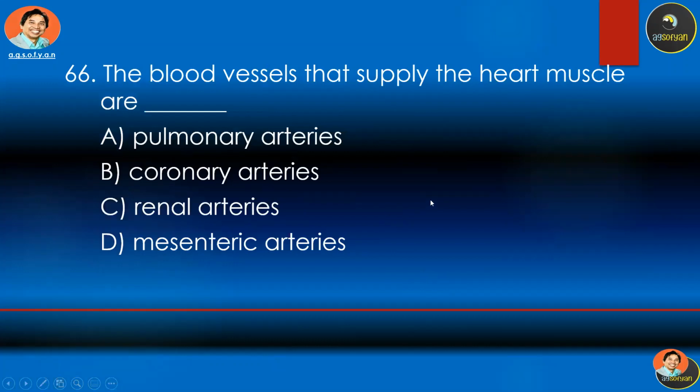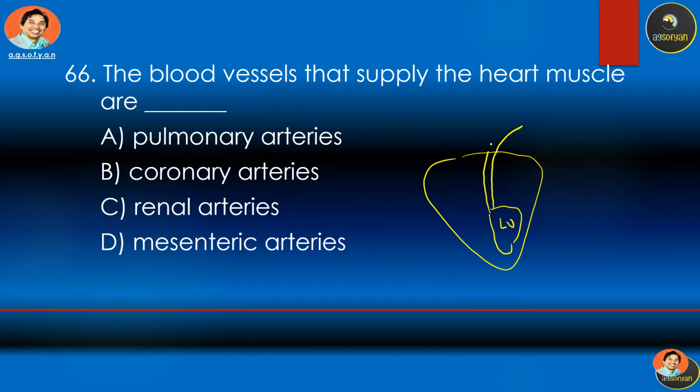The blood vessels that supply the heart muscles are A, B, C, or D. Okay, so this is the heart, from the left ventricle, there will be aorta. And the first branch of the aorta, on the ascending aorta, will give blood to the heart muscle.